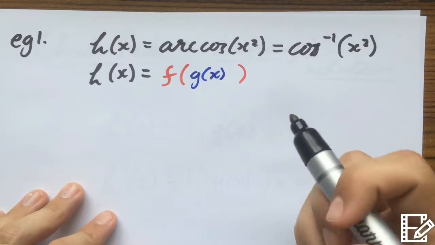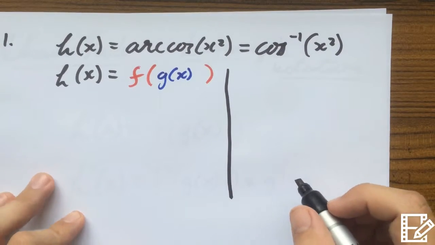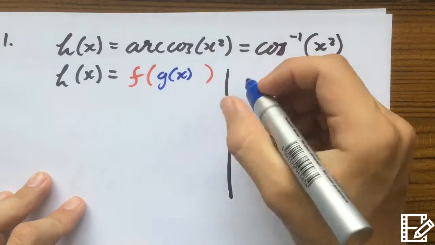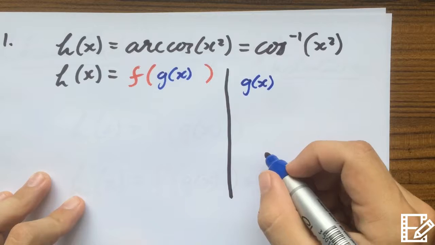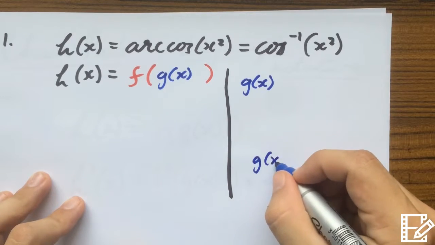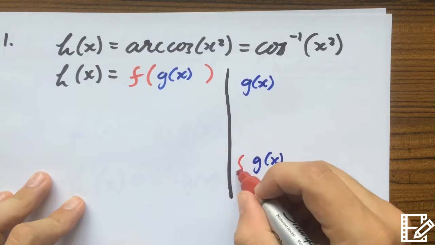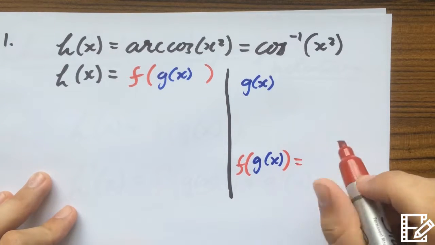Now we'll divide up the page for some separate working, but we're going to need a g(x) and an f of g(x).